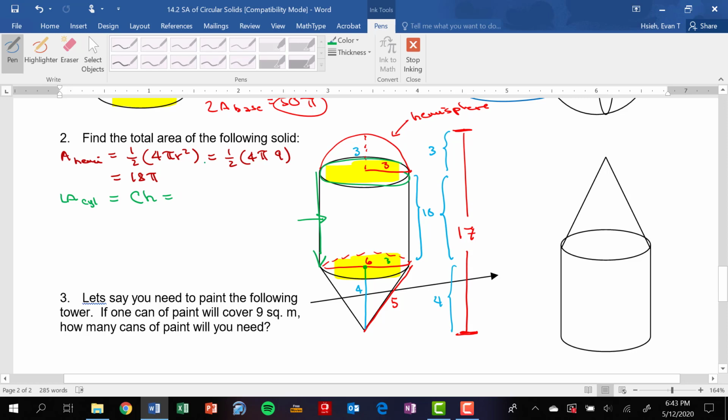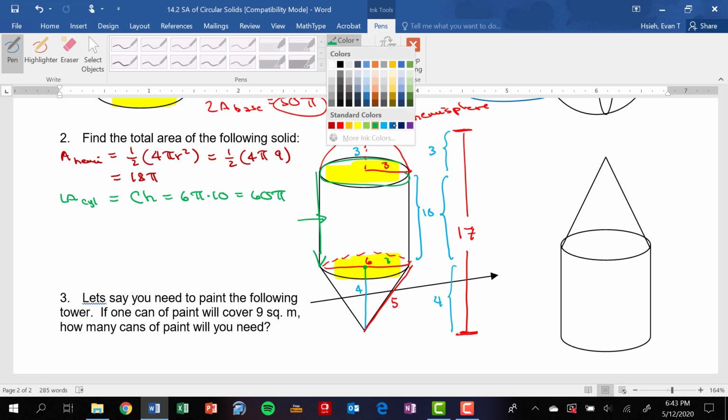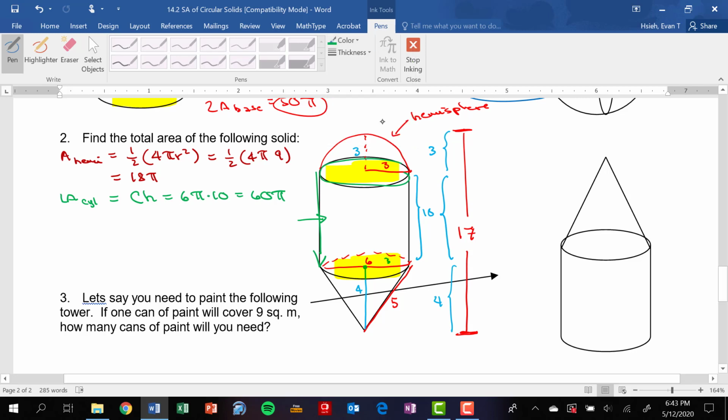Circumference is going to be 2 pi r. So it's going to be 6 pi. And the height's just going to be 10. So this is going to be 60 pi. And that'll be the middle section. And then again, I'm not including the area of these yellow bases, because they're not sections that I can actually touch.